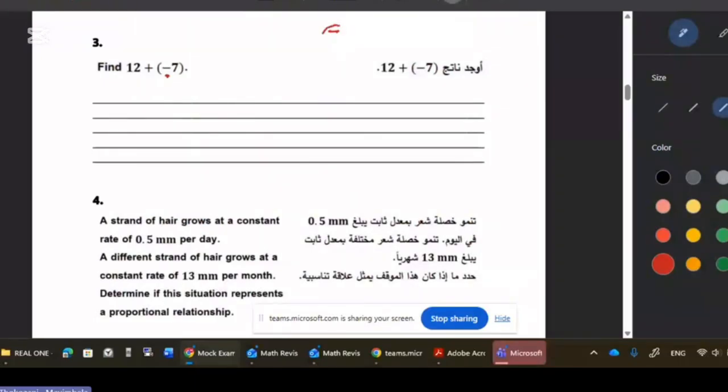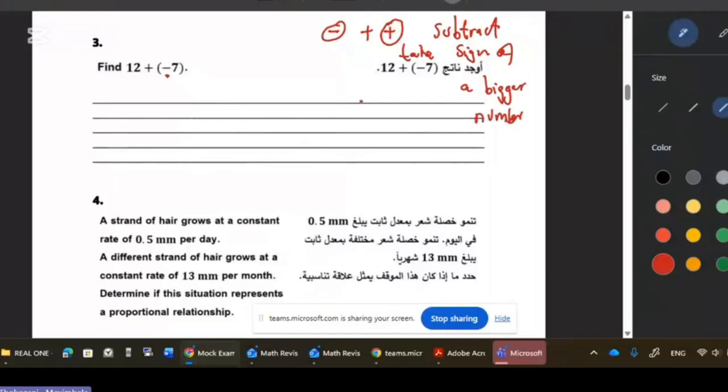When I'm adding this, the signs which are not the same, all right, I need to subtract. I must always subtract, okay? And once I have subtracted, and then I'm going to take a sign of a bigger number. This rule is very important.